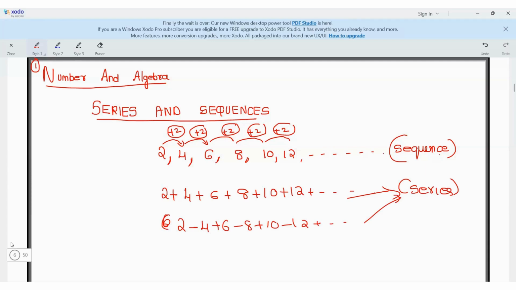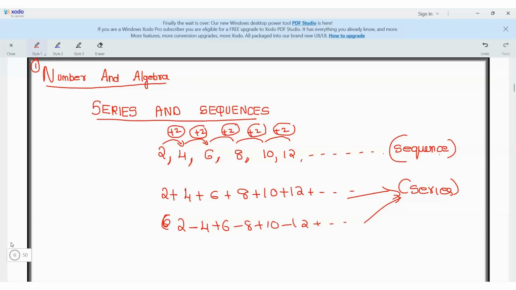But instead of commas, if I am introducing an operator, it can be addition, it can be subtraction, it is called a series. Operators meaning addition is an operator, subtraction is an operator, multiplication is an operator, division is an operator. If I am introducing some operator between two consecutive terms, I call it a series.